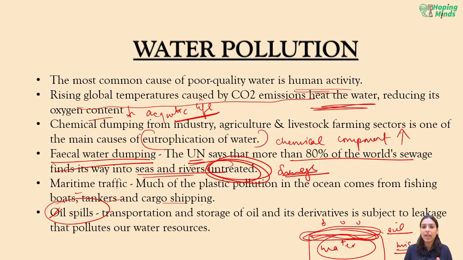Similarly, at a larger level, oil spills happen in seas and oceans because of the transportation of oil. Now some countries do not produce oil, whereas some countries like the Gulf countries produce oil at a very high rate. So there has to be a transport of oil, and when it's not done properly, leakages happen and they pollute our water resources.